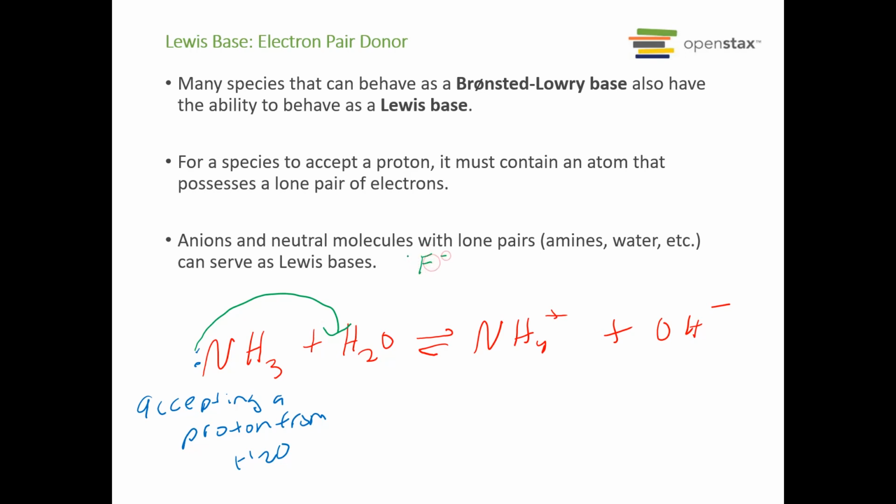For example, F negative has a lone pair of electrons, or OH negative. There might be some cases where those are acting as Bronsted-Lowry bases, but if they're not accepting a proton, they would not be defined as Bronsted-Lowry bases, but they might still be acting as Lewis bases. But you will find a lot of overlap between the two.